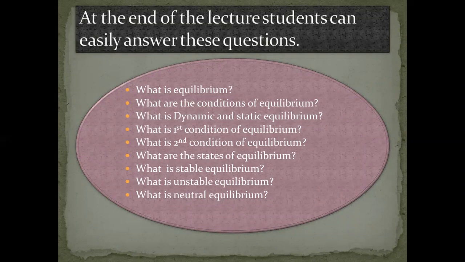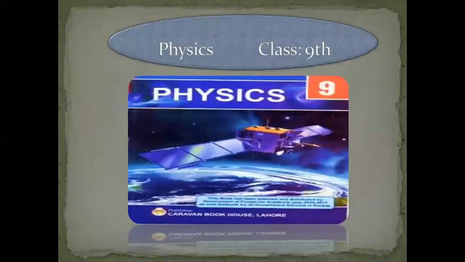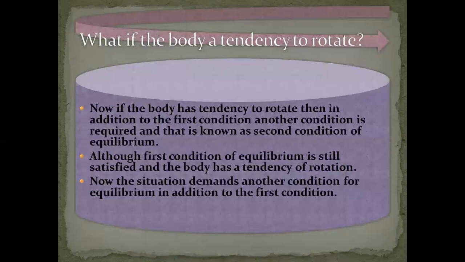What are the three states of equilibrium? Students, this is your book of class 9, and we are progressing from page number 98 onward, from the second condition of equilibrium.